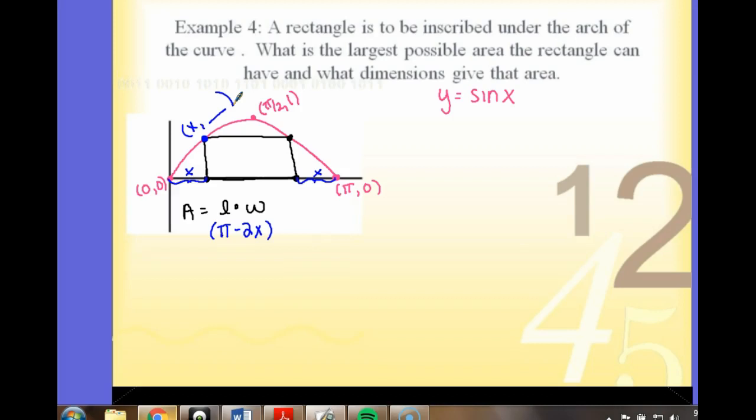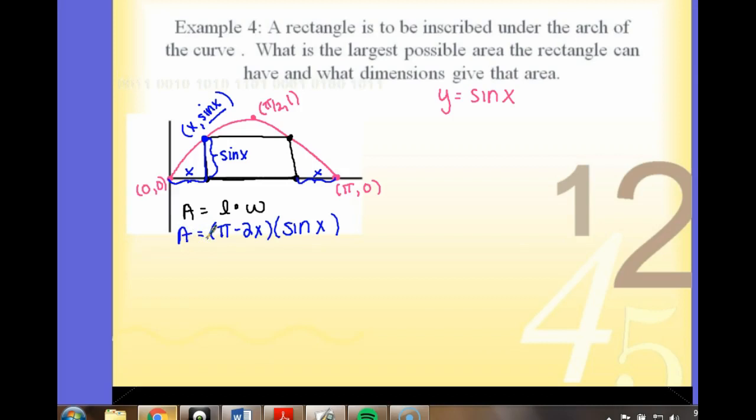So this really represents the point x, sine x, because this is the curve sine x. So that y value represents the height. So the height is sine x.